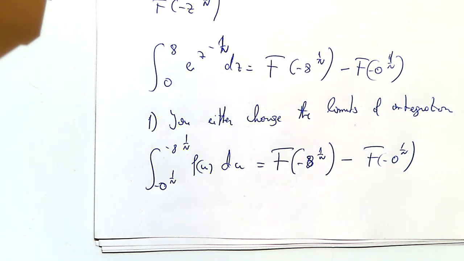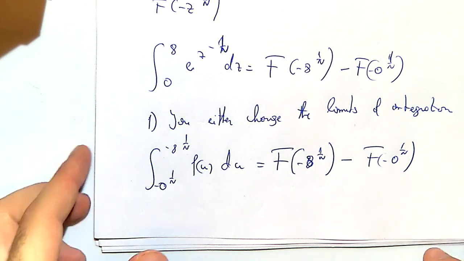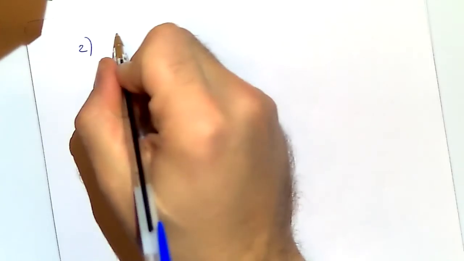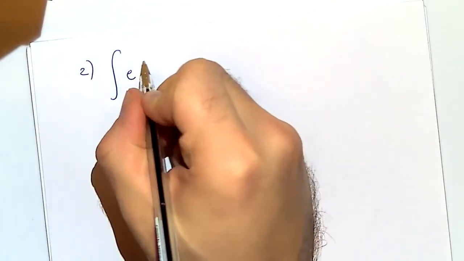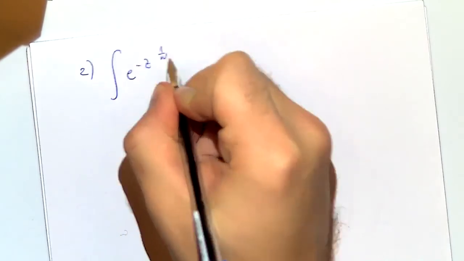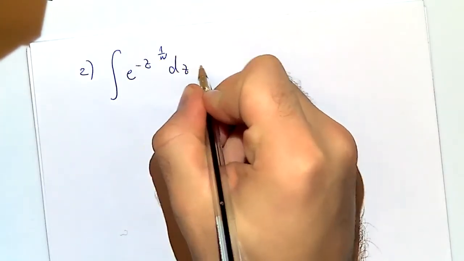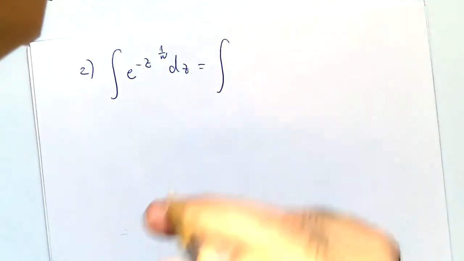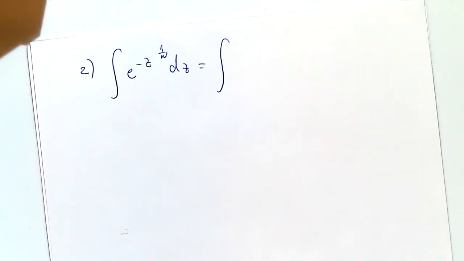You either change the limits of integration and you don't need to replace again, or the second case is you compute the indefinite integral. So you can write the indefinite integral of e to the minus z to the 1 over n dz is equal to, again, if you don't change the limits of integration, don't change them at all, because you can't write 0 to 8 here.